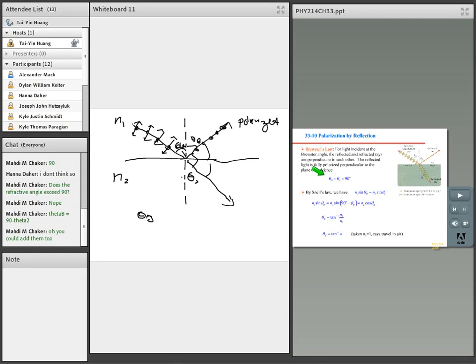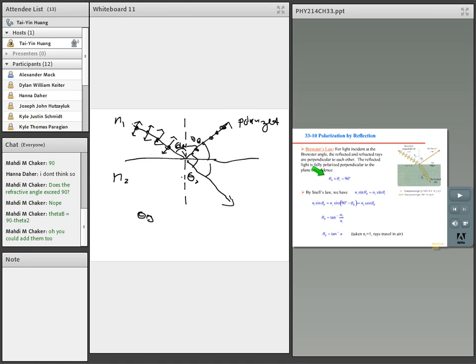It has to add up to 90 degrees because the reflected ray and the refracted ray are perpendicular to each other. This happens only when the angle of incidence is at a particular angle, and that particular angle is what we call the Brewster's angle. Okay, so theta B plus theta R is equal to 90 degrees.